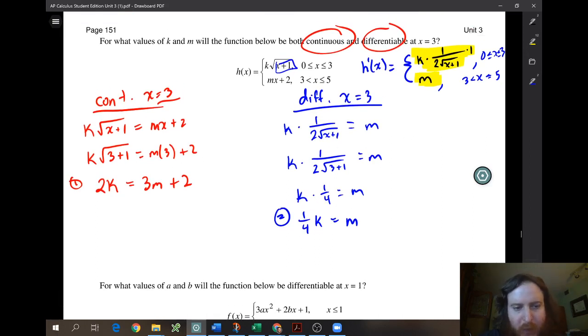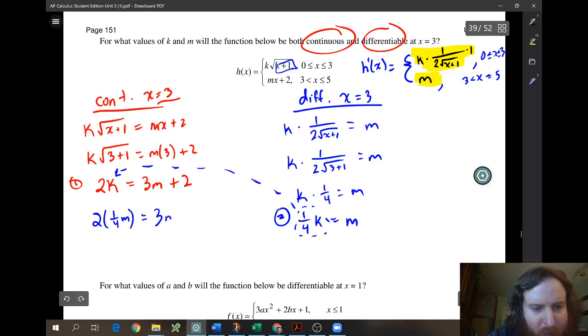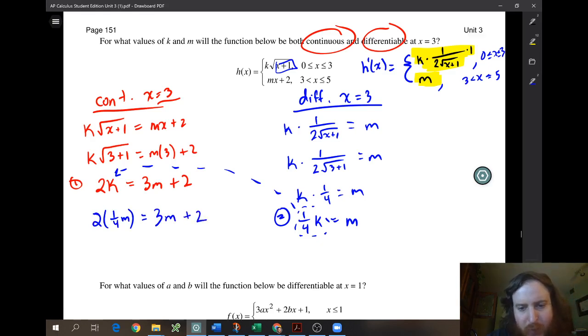We already have m solved. So what we can do is take that 1/4 k and plug that in where we see k. This is going to be 2 times 1/4 m is equal to 3m plus 2. If you didn't want to have fractions, by the way, you could have multiplied both sides by 4 on this one and gotten k equals 2m. That would have worked too.